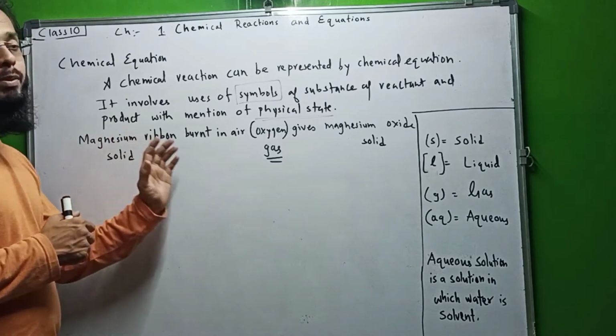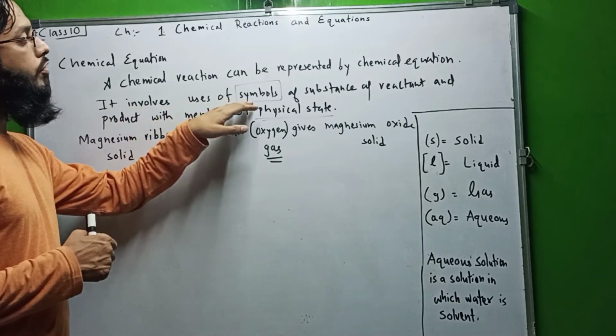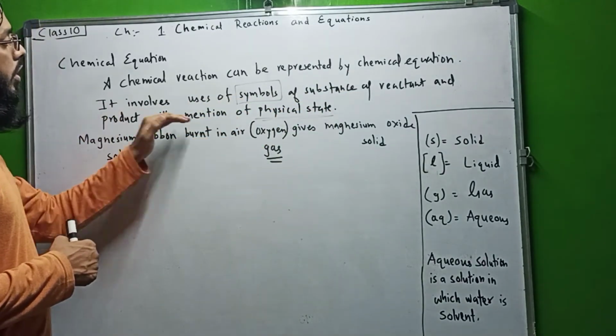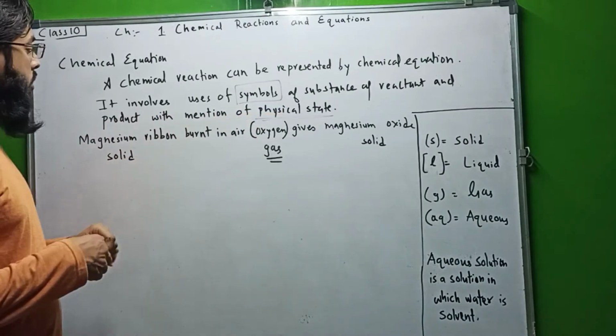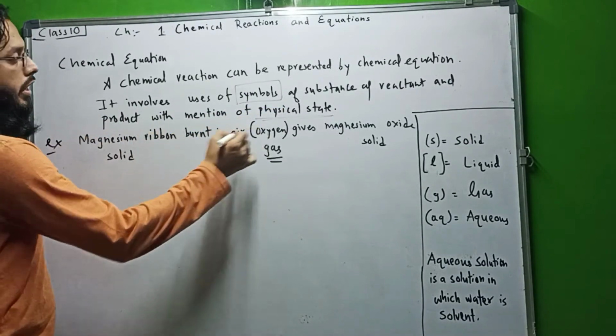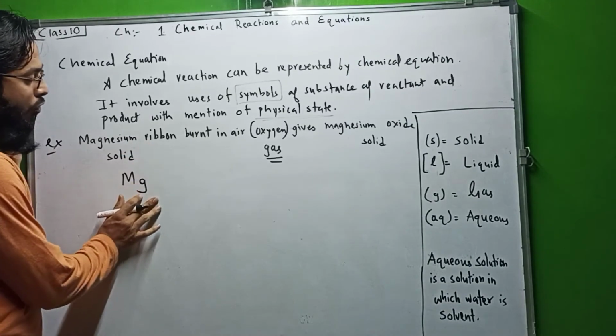We have to write the symbols along with the physical state. It involves the use of symbols of substances, of reactants and products, with the mention of physical state. For example, magnesium ribbon burns in air. So magnesium ribbon will be written in terms of the magnesium symbol.